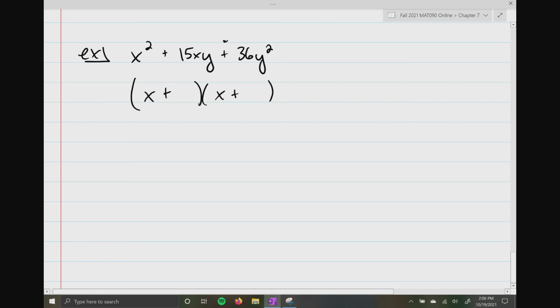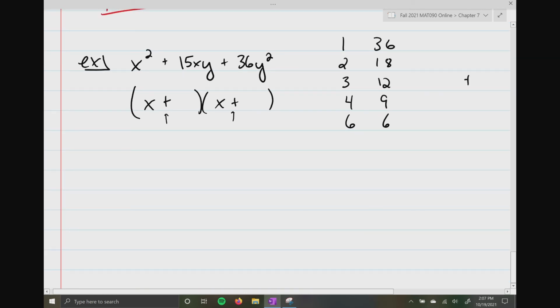Now, let's write out all the factors of 36. 1 times 36, 2 times 18, 3 times 12, 4 times 9, 6 times 6, 7 doesn't work, 8 doesn't work, 9 and 4 work, but you already have 9 and 4 right there. So I can go ahead and stop here. Now, both of these numbers are going to be positive because I've already done the signs. And we know we need to combine to give us 15.